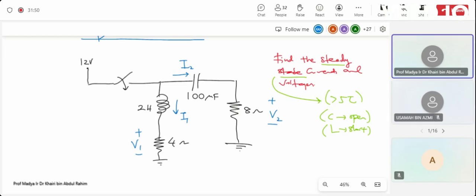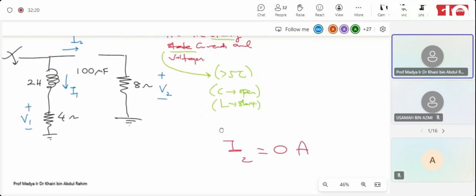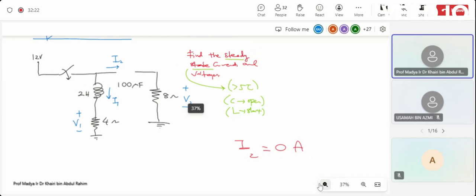I1 equal to 3 amperes, because it's open circuit here, right? So therefore I2 is 0. Yes, correct, because there's no current flowing here, okay?